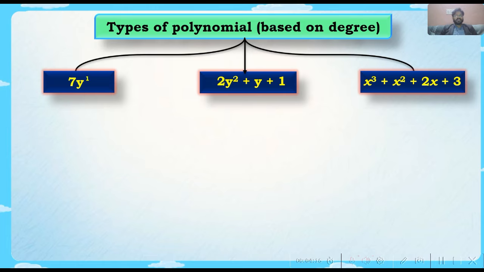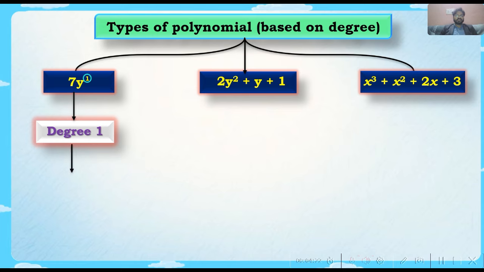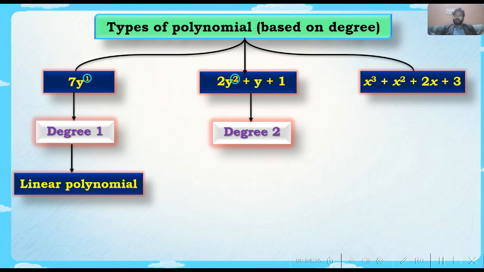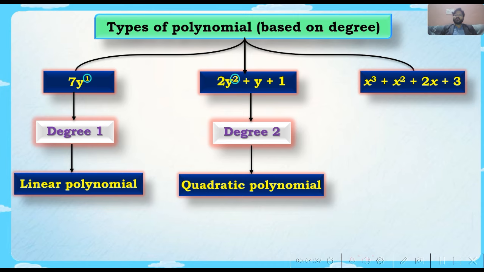So 7y to the power 1, its degree is 1. Now it's called linear polynomial. कोई भी ऐसी वेरिएबल जिसकी डिग्री 1 हो तो उसको बोलेंगे लीनियर पॉलिनोमियल. नेक्स्ट इसकी डिग्री है so डिग्री 2 and called quadratic polynomial.